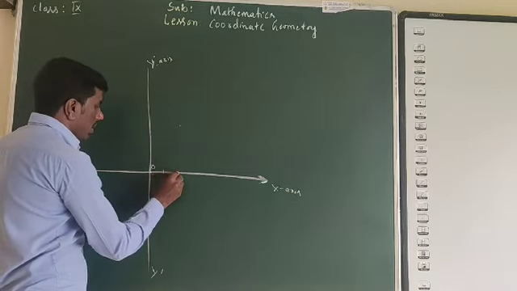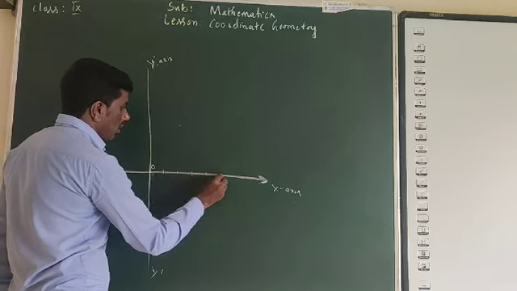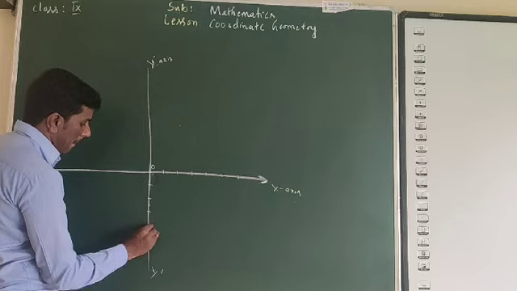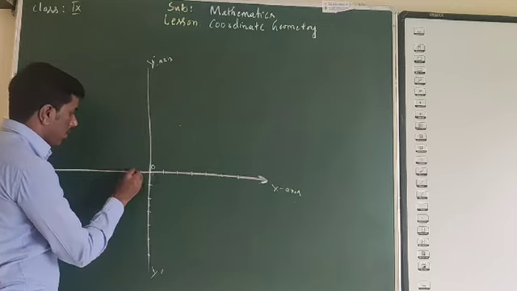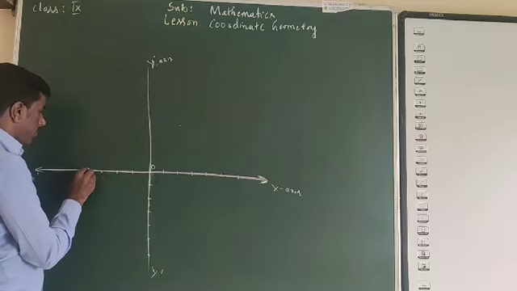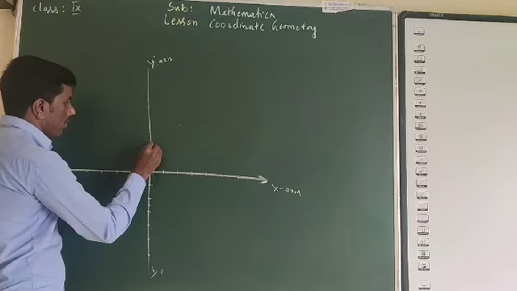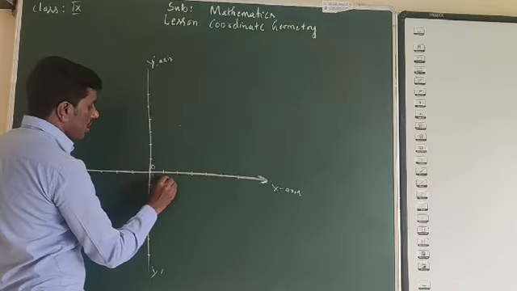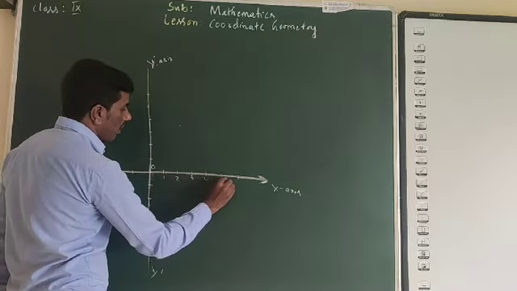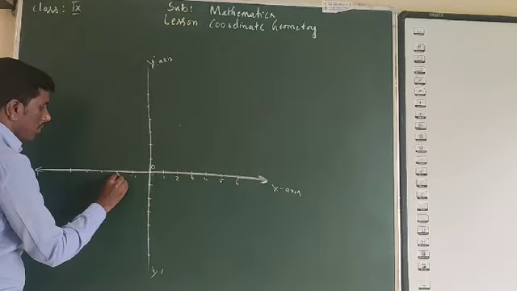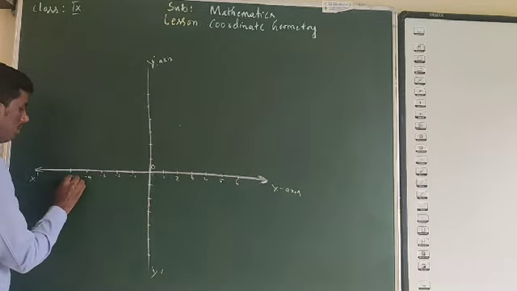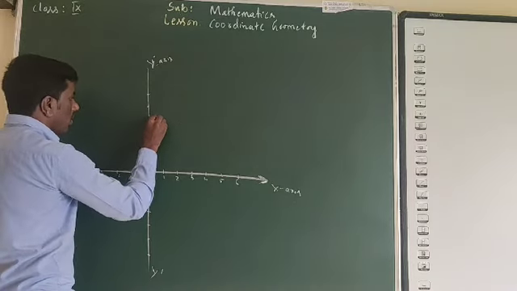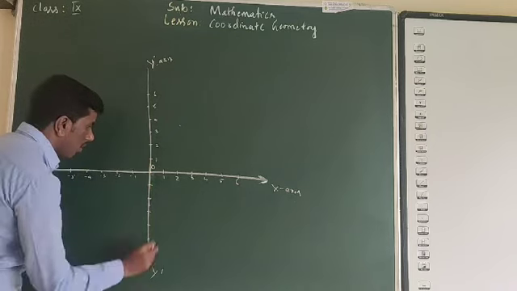You need to divide by equal intervals in all directions. This is the positive x direction, 1, 2, 3, 4, 5, 6. This is the negative x direction, minus 1, minus 2, minus 3, minus 4, minus 5. This is the positive y direction, where the values are positive, and this is the negative y direction.